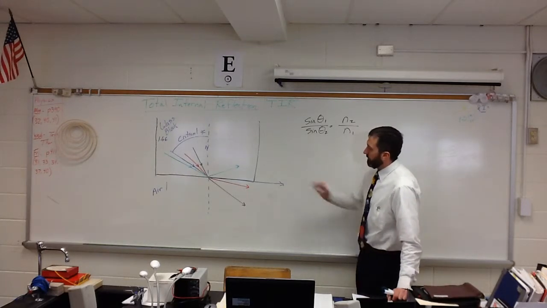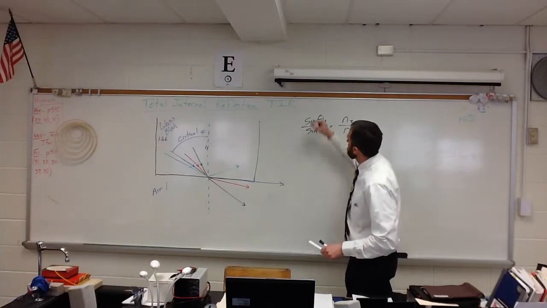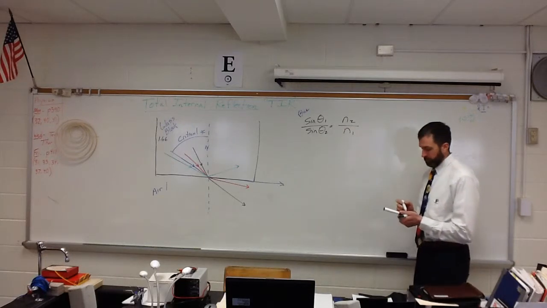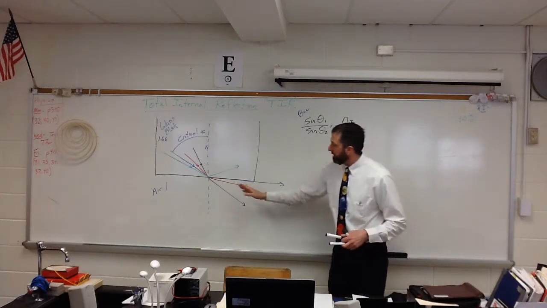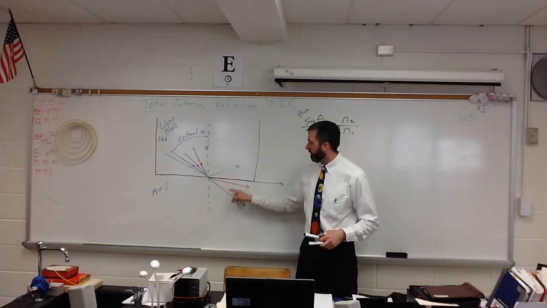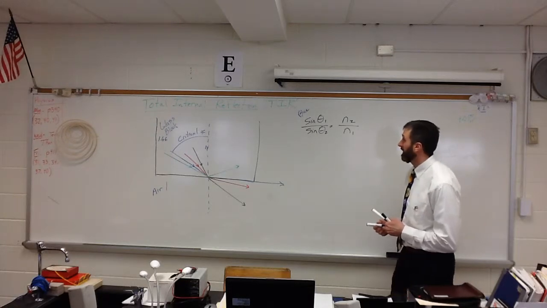Now, take a look at the picture again. Let's look at the blue. We're focusing on the blue, okay? If you're focusing on the blue, what is the angle theta 2? From the normal to the blue, what's that angle? And I think you can see it's 90 degrees.